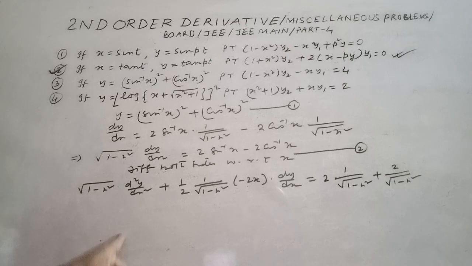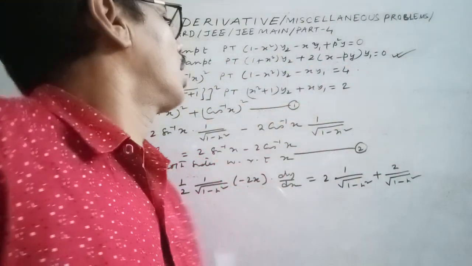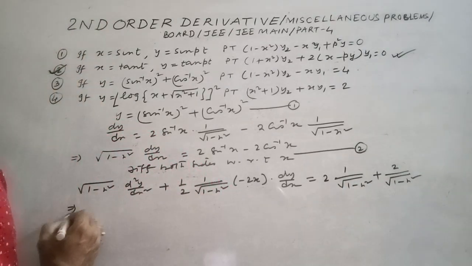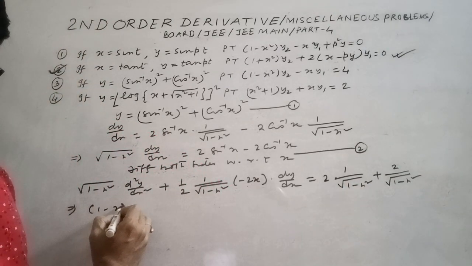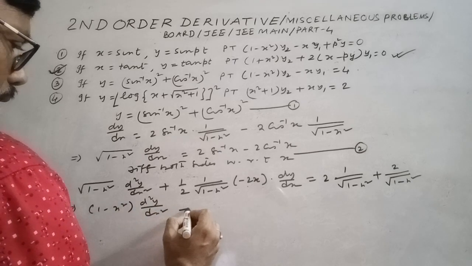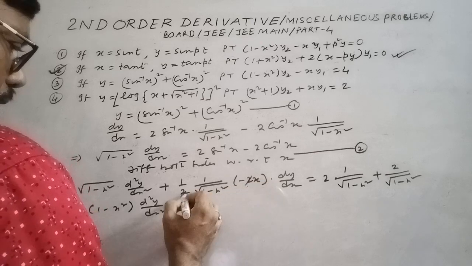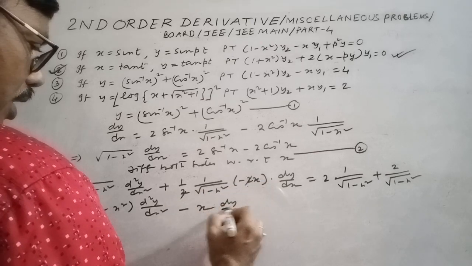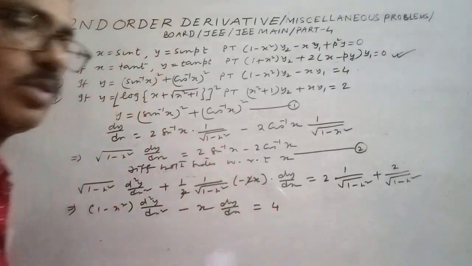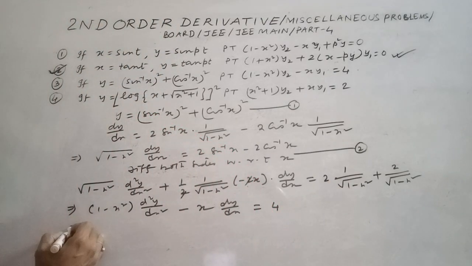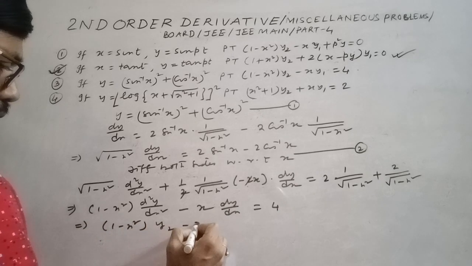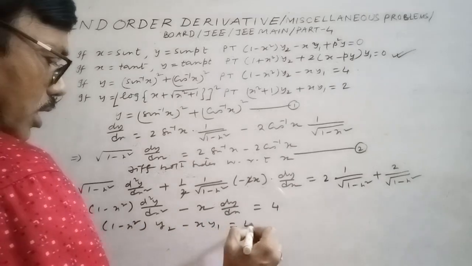Now the final result is without roots, so multiply throughout by root(1 minus x square). So (1 minus x square) d2y/dx2 minus x dy/dx equals 4, so the final result is (1 minus x square) y2 minus x y1 equals 4.